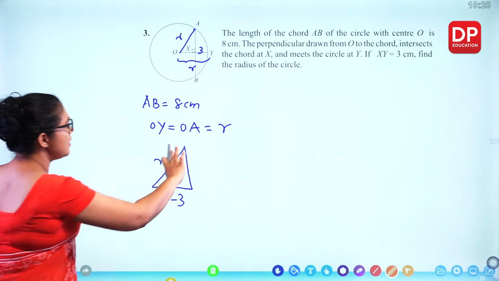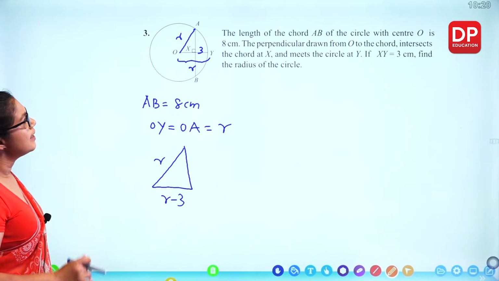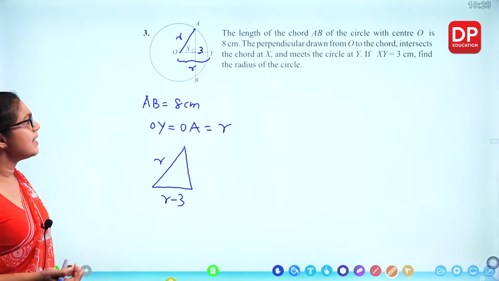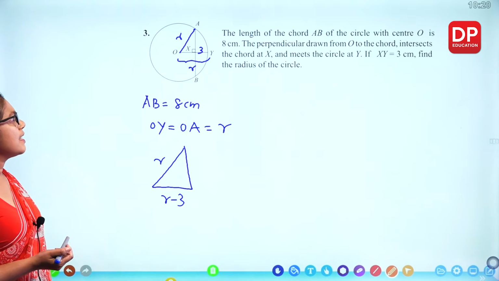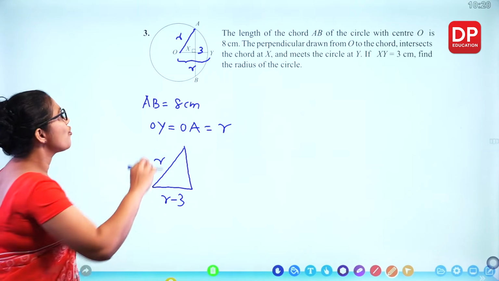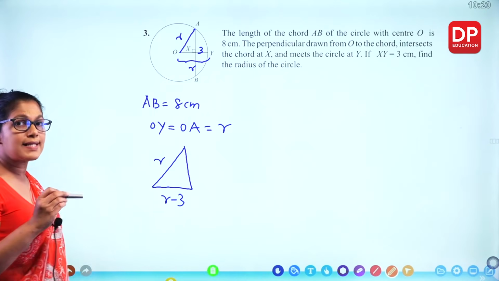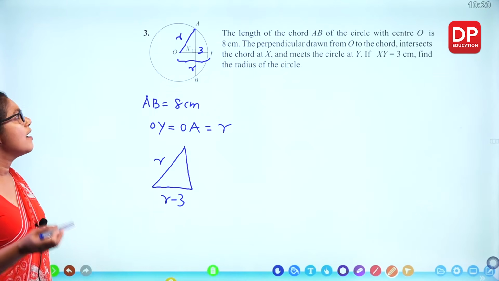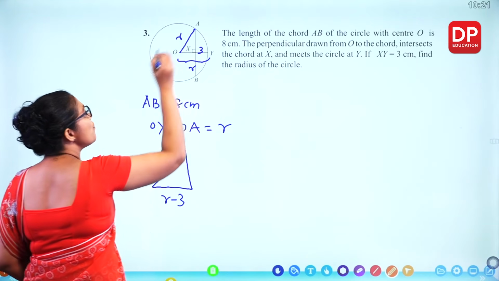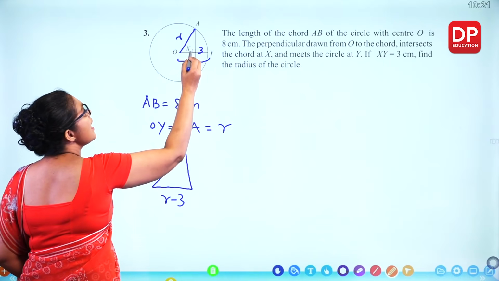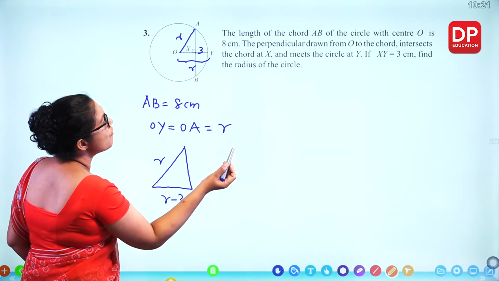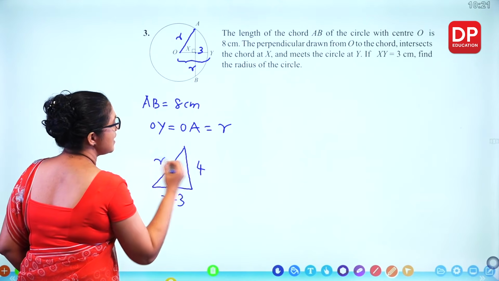And what about this height? It's given that the chord AB length is 8 centimeters. According to the Converse theorem, a perpendicular from the center to the chord bisects it. So this length is half of 8, which is 4 centimeters.